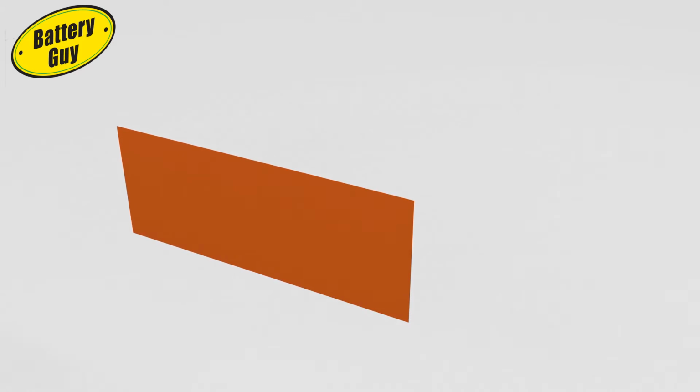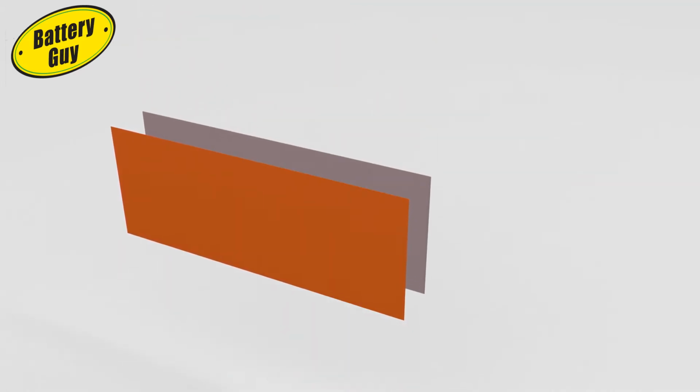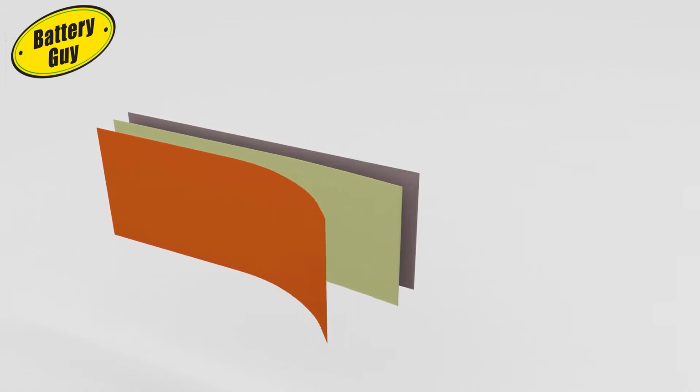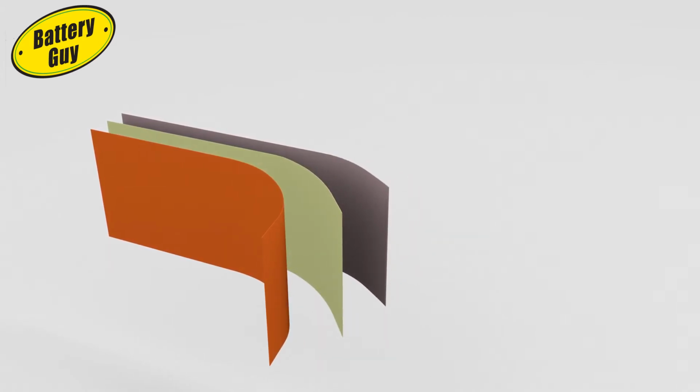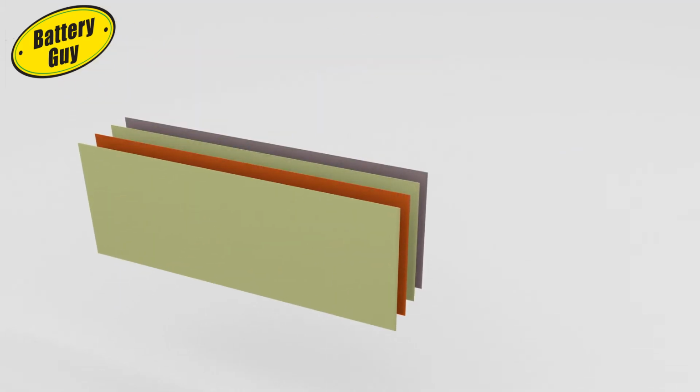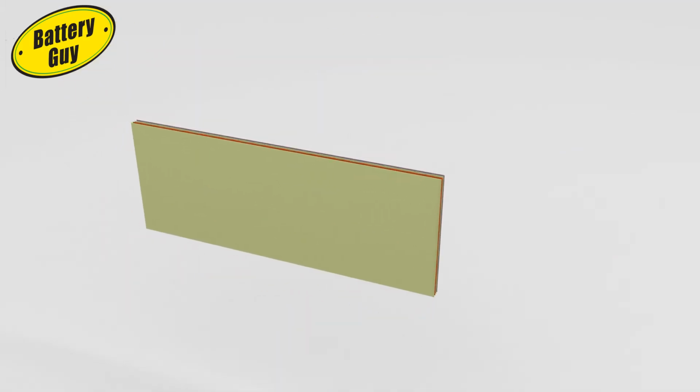The process starts with a metal-based positive electrode, the anode, a metal-based negative electrode, the cathode, and a separator which is usually made of paper. These elements are thin and flexible, and in most nickel-based batteries they are spun into a coil known as a jelly roll.